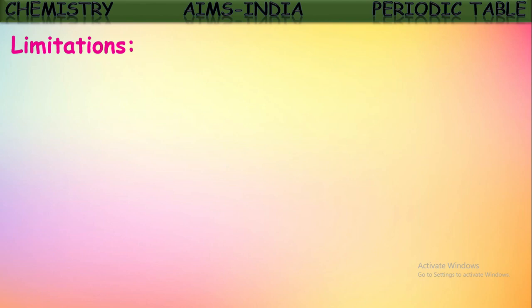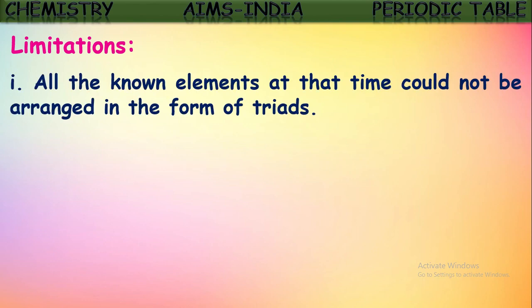But there are some limitations. What are those? Let us see. All the elements known at that time could not be arranged in the form of triads. Yes, he arranged three elements with similar chemical properties as one set and called them triads. While he was giving this classification, some elements were known, but he was not able to classify all of them into these triads.